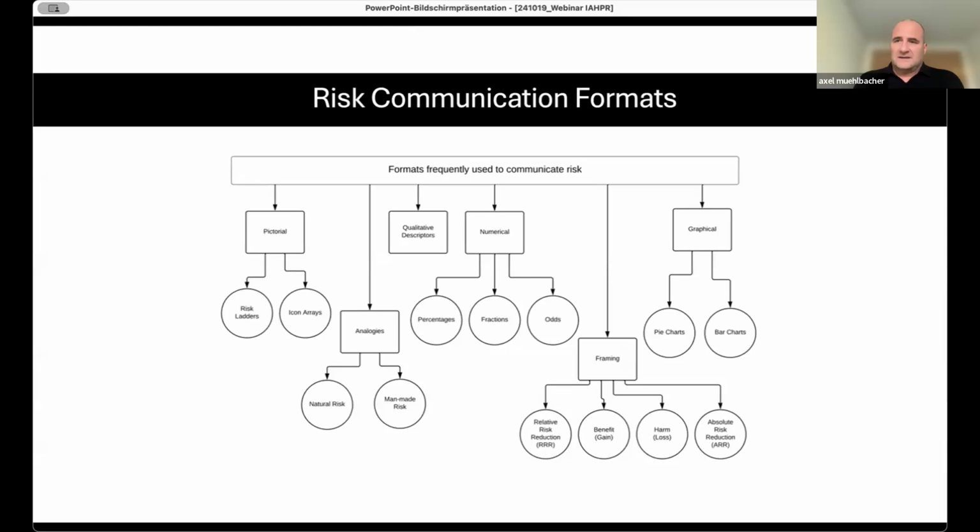I'm going to do this once I give these slides to Matt, before I give the slides to Matt. So we have pictorial ways of presenting, qualitative descriptions, numerical descriptions, graphical, and even in there are more precise and specific ways of presenting different kinds of risk.